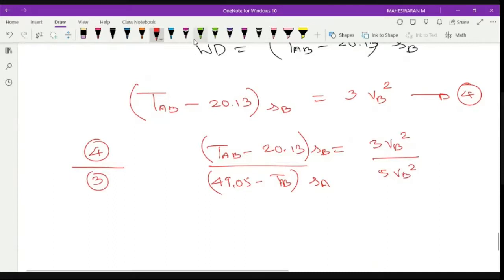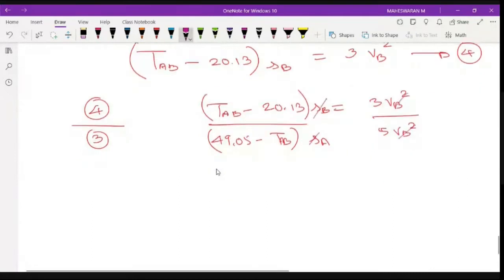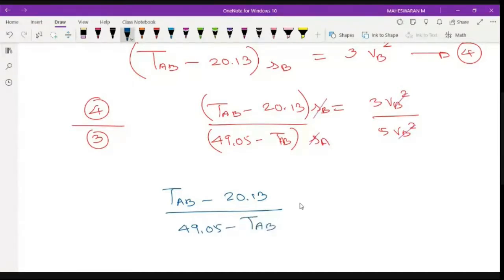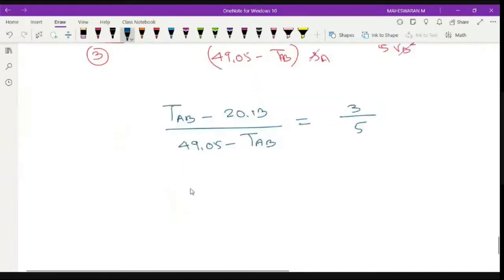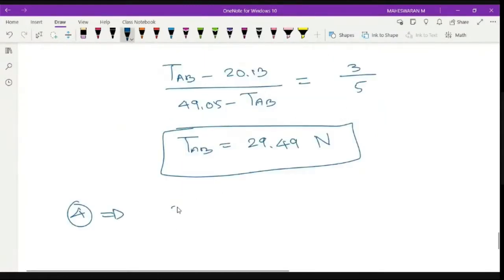Of course, SB, VA, you can cancel all these things. You'll get a relation. So TAB minus 20.13 divided by 49.05 minus TAB is equal to 3 by 5. Okay, so what is the value of TAB? Yes, try it out.